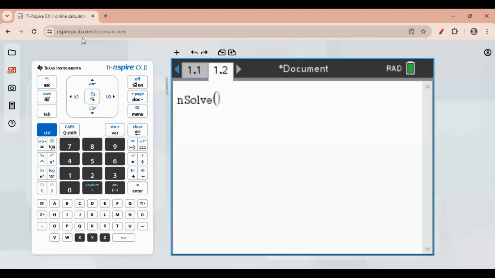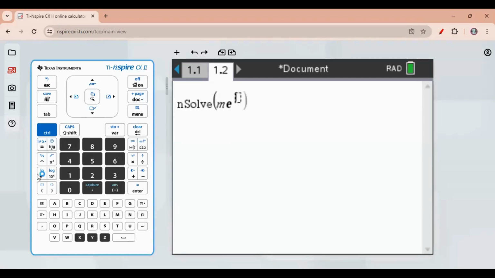My equation is m e power m minus e power m, and we need to solve for m, equal to minus 1 by 2, which is minus 0.5, comma. I need to solve for m, and that's it. You give the enter. You get 0.768039. So this is my answer.